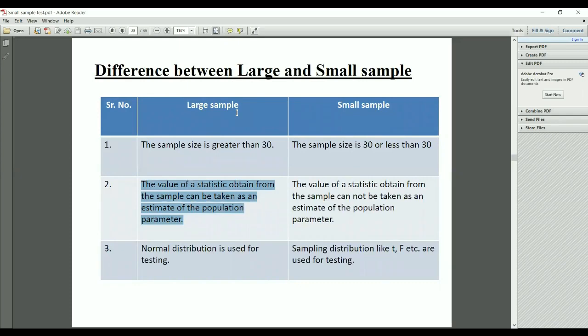In a small sample, it cannot be taken as an estimate of the population parameter. So if the sample is greater than 30, we can use the normal distribution. If the sample size is less, we can go for the t test, F test. F test I don't think you have; it is normal distribution only, binomial and Poisson.